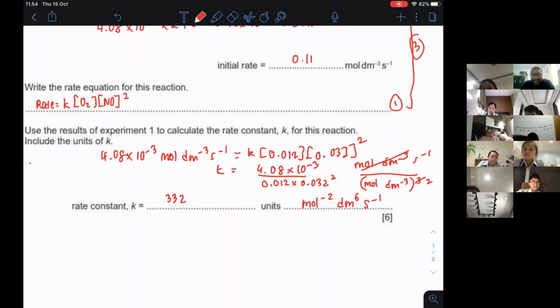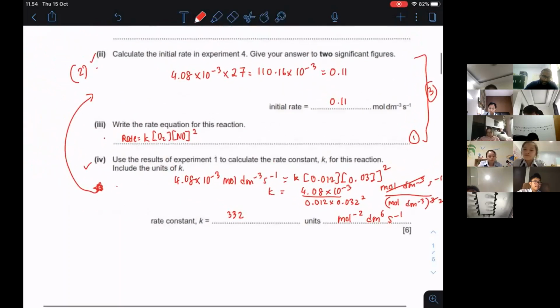So please check. What I wanted you to learn over here is this one. I told you this one is coming at a frequency of once every 3 years or sometimes once every 2 years.